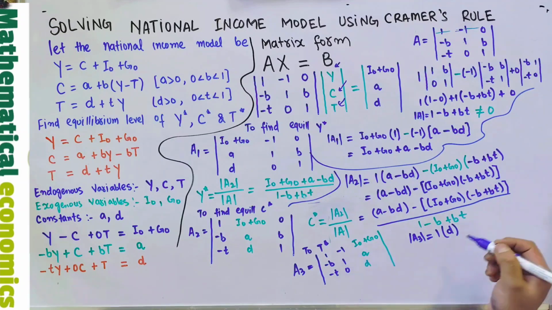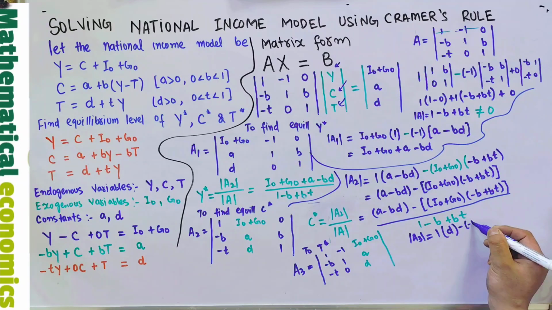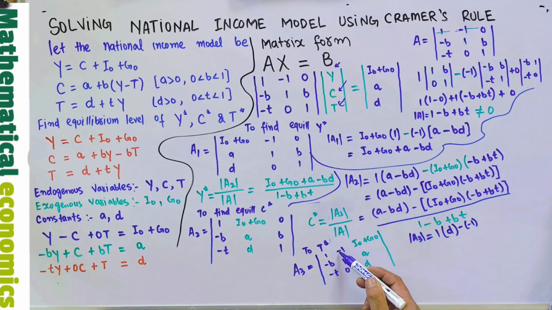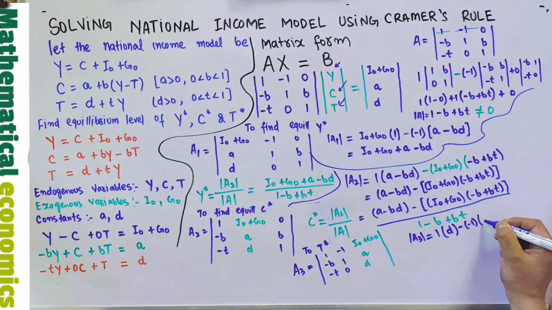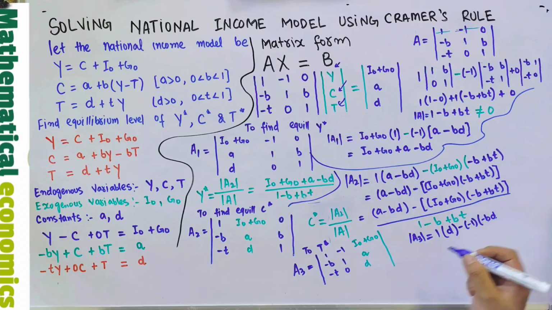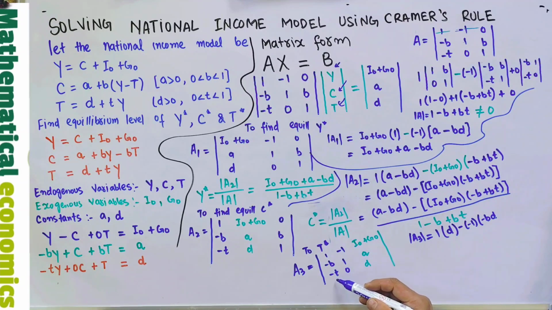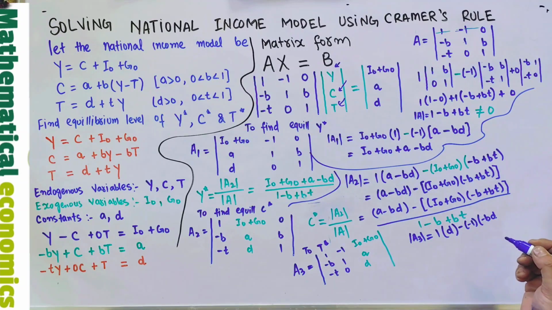Then we have minus 1, delete the row and the column in which it appears, and take the determinant of the remaining elements. So the remaining elements give minus b into d, minus bd. Then we have minus, and we have minus 80 here. I hope I am doing this calculation right here.